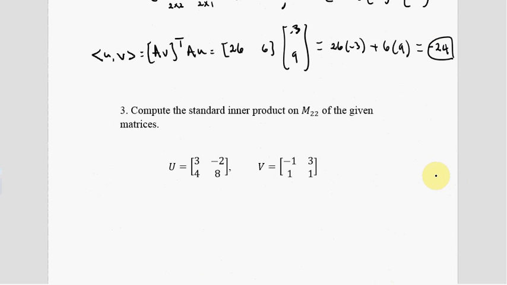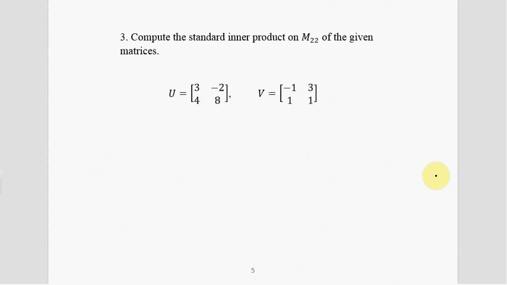Now, when it says compute the standard inner product, that's what we like because it's just very straightforward. So compute here the standard inner product on the space of matrices of size 2 by 2 of the given matrices. So here the standard inner product of matrices U and V would be just the multiplication of the corresponding entries, then you sum that up.